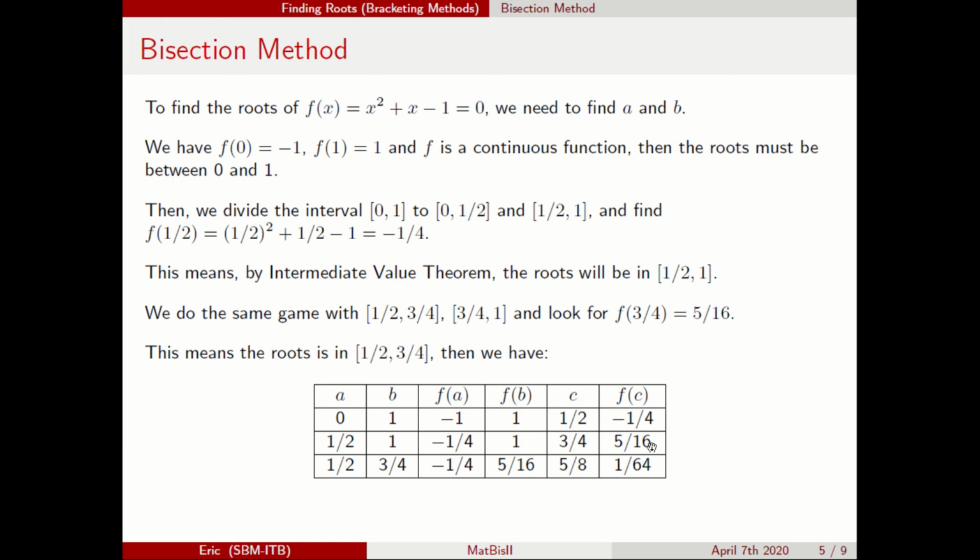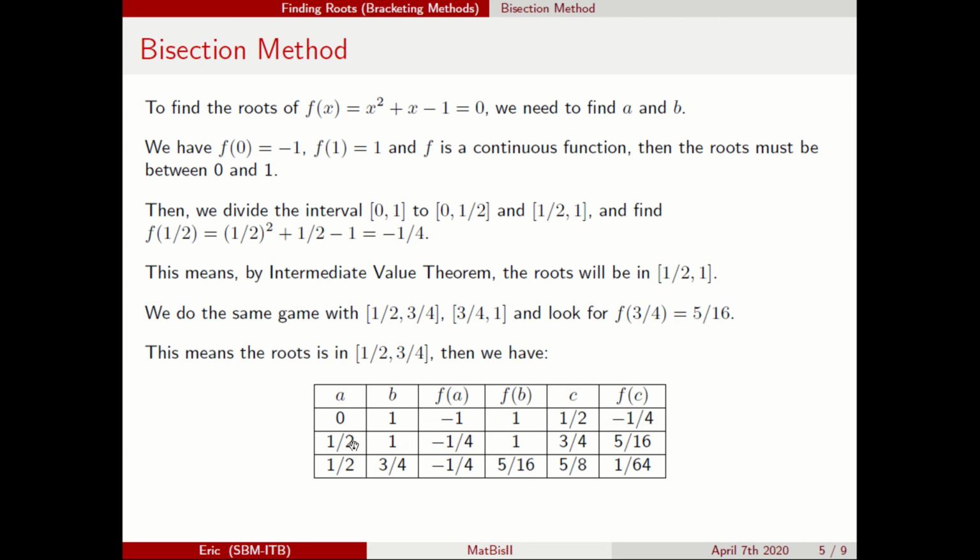So can you now guess, in what interval does the root of this equation lie? Is it between a half and 3 over 4, or between 3 over 4 and 1?